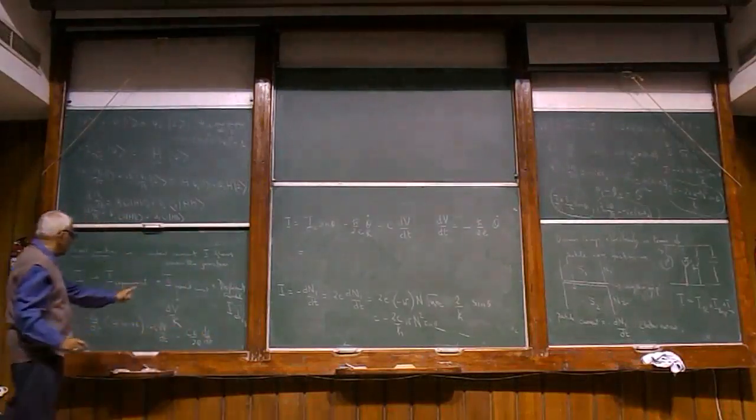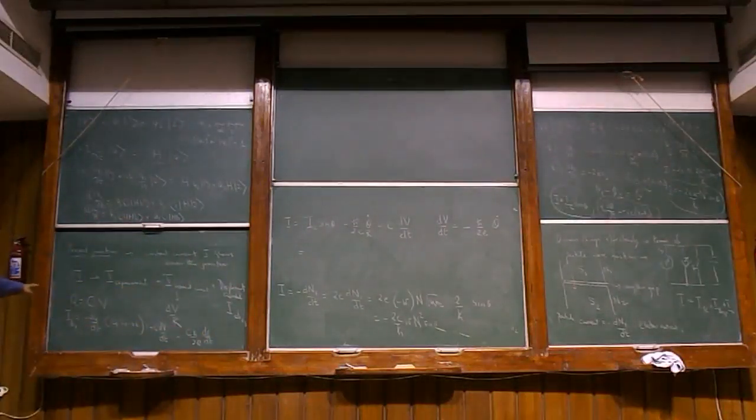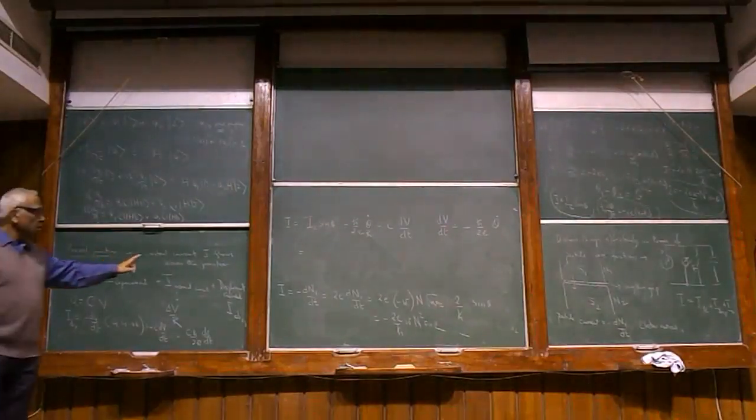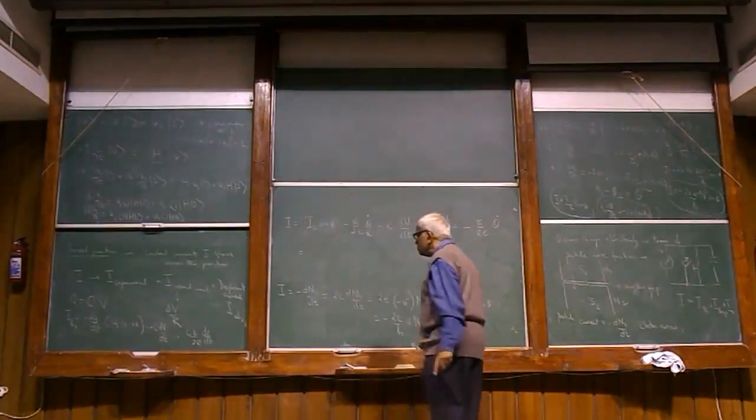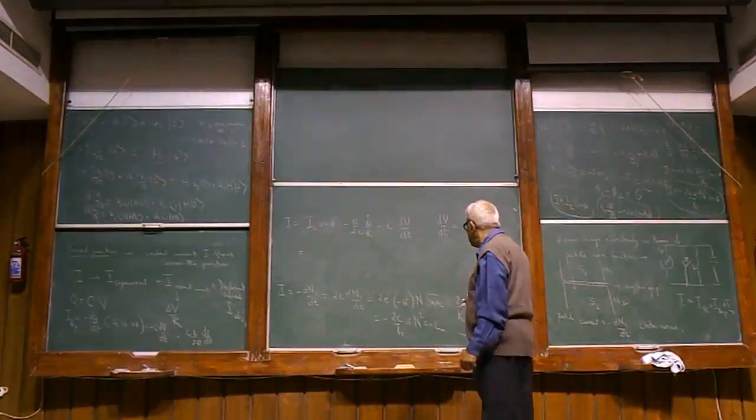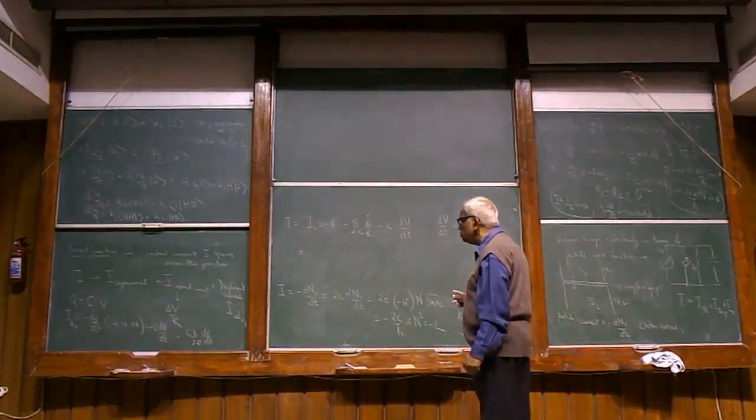So this current I displacement should be balanced by the supercurrent, and so the sum of the two should be equal to 0.